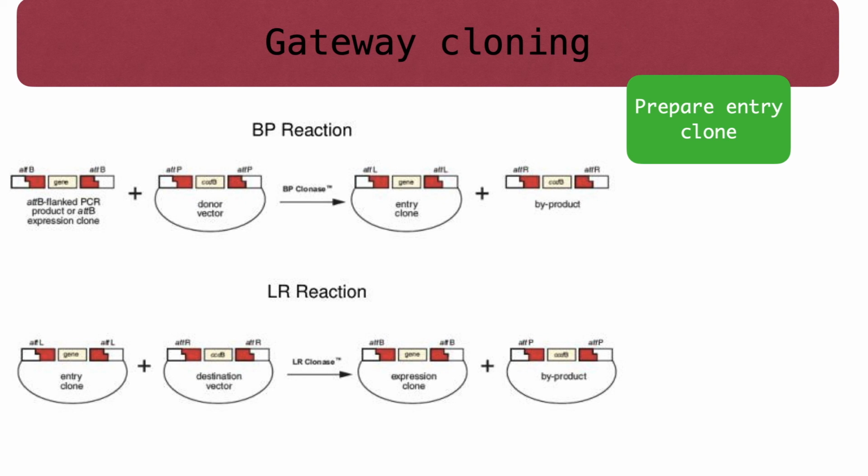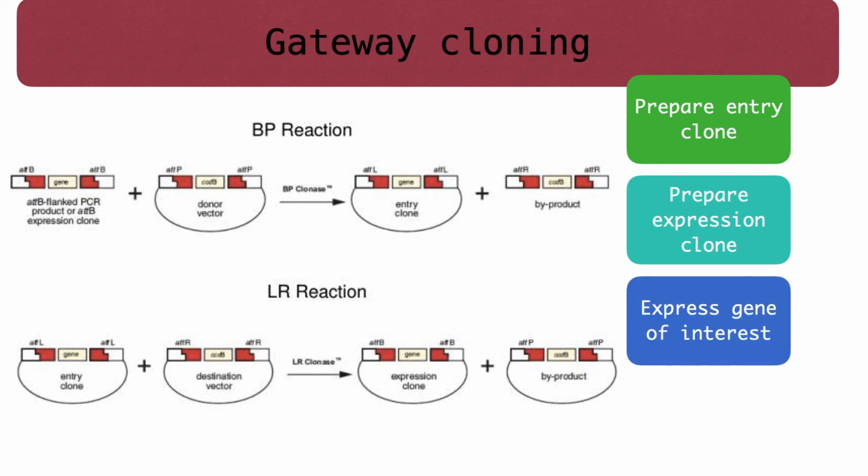Once we recombine our entry clone into the destination vector having ccdB and attR sites using LR clonase, we will get the expression clone. In this way we make the expression clone. So after that, our expression clone will express the gene of interest, which means we will get the recombination here.